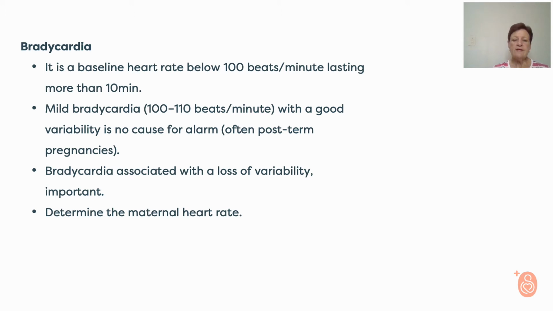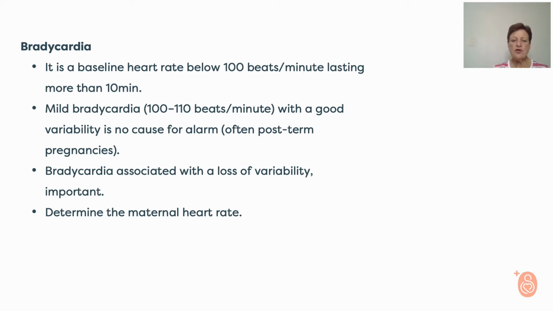And then very, very important, as we have said several times now on these slides, is how important it is to determine the maternal heart rate, and specifically so when we have bradycardia, because it's very often the case that the maternal heart rate is faster during labor because of anxiety and stress, but also for some other abnormal reasons, like for example antepartum hemorrhage.